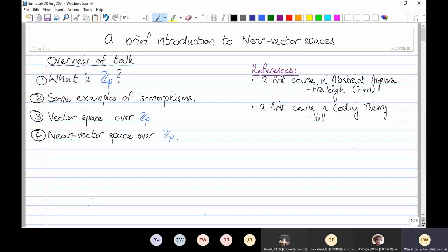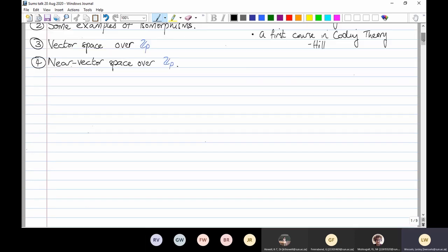So we'll do some examples of isomorphisms, and then at least I would like to do a vector space as opposed to a near vector space over ZP. And then the references that I used are a book by Fraleigh and also by Hill: A First Course in Abstract Algebra and A First Course in Coding Theory.